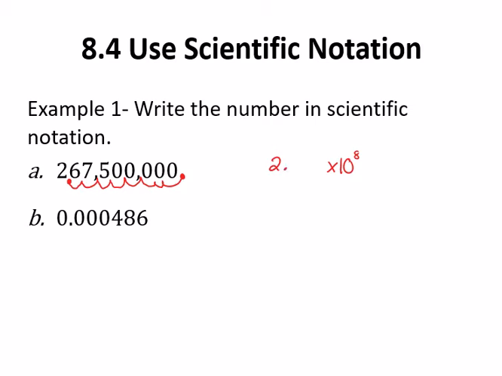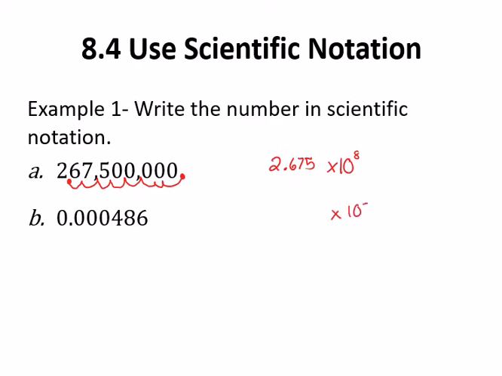Now, since I took a really large number and I made it smaller, I need to make sure that the exponent is positive because I want to make that small number bigger, to result in 267.5 million.